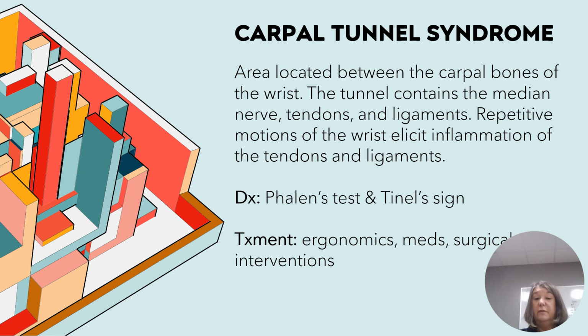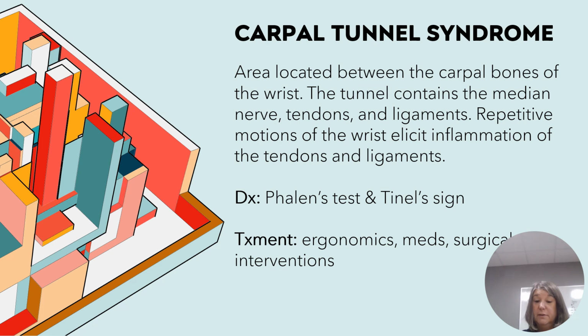Women are 4 to 5 times more likely to get carpal tunnel syndrome, partly because of the smaller size of the carpal tunnel in women. And especially in our older generations, the women were more likely to be typing. They were more likely to be secretaries back in the day.